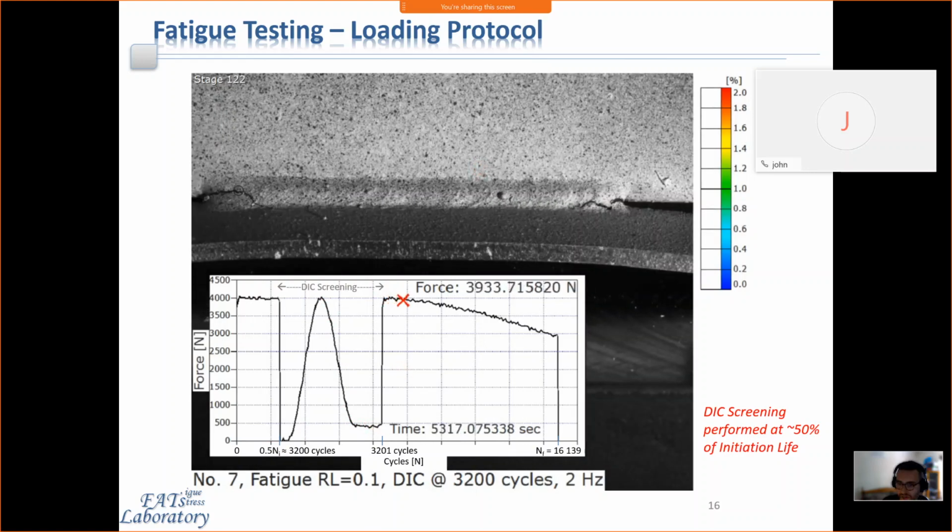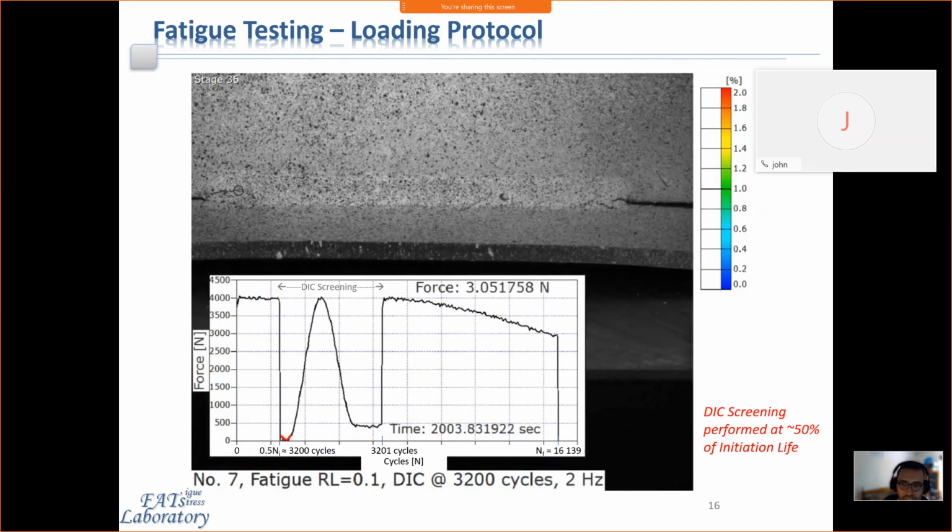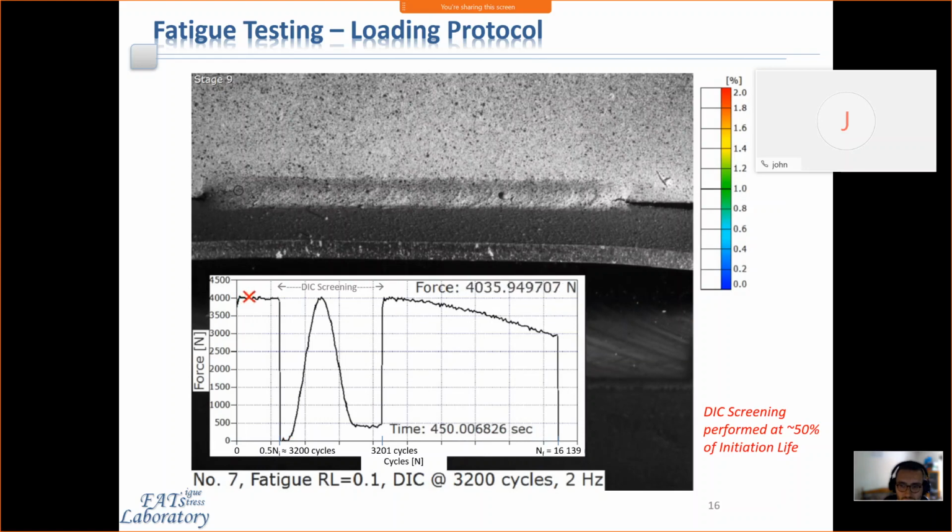What we're looking at is a plot showing that we're capturing images to monitor the crack length at the peak load, and then we have this interval where we're capturing a mid-cycle or one cycle image, and this was at an initiation life of 3,201 cycles. That's what you see here. So not exactly within the window, but this was one of the first tests that we performed, and you can see. I'll fast forward a little bit here.